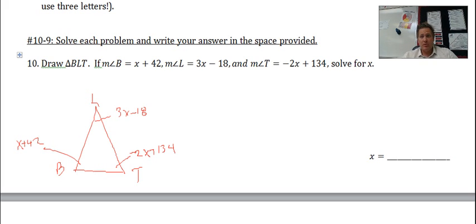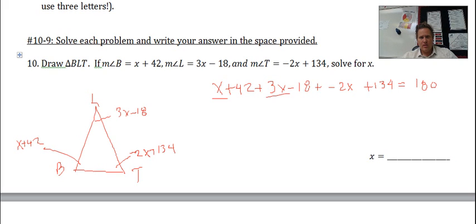Well, it didn't tell me what type of triangle it is, but it gave me all 3 angles. So I know that whenever I add all the angles together, it's always going to equal 180 degrees. So I'm going to add all these together, and they're going to equal 180 degrees.